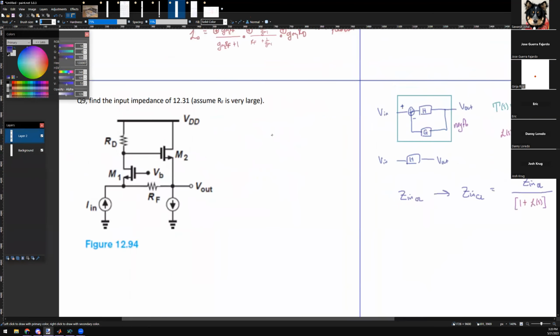RF actually. Oh my gosh, RF. Yes? And that's how you guys answer the closed loop, open loop problem.